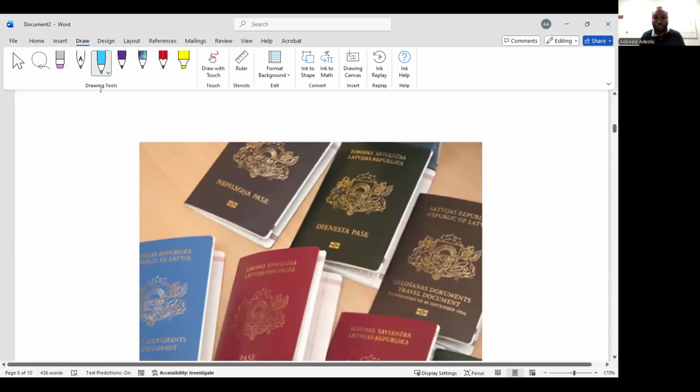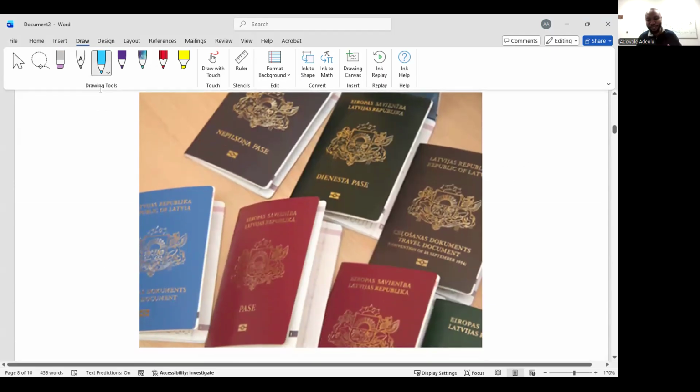Think about some movies you've seen in the past, whereby you would have, let's say, a spy who wants to go to another country. Although they are not from that country, they will try to get the passports of that country so that they will be able to get into that country, probably as a citizen or whichever the case may be.